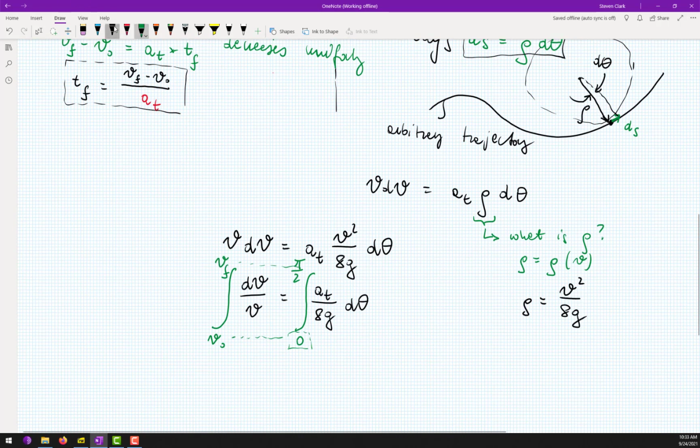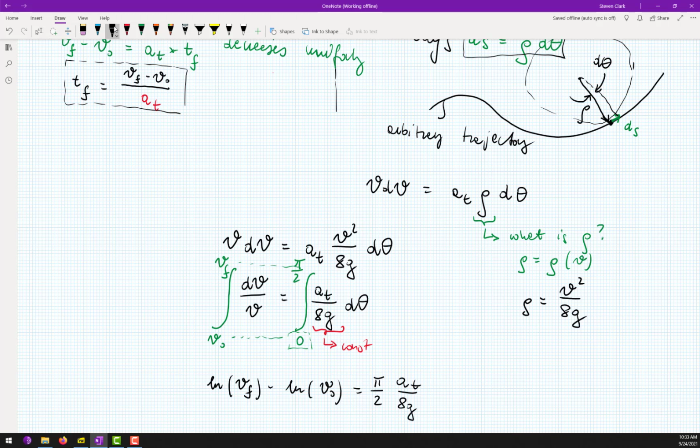Okay, so if I remember correctly from school, this will be equal to log natural of v final minus log natural of v0. And this is constant, by the way. Everything here is constant. So this will be pi over 2 at over 8g.